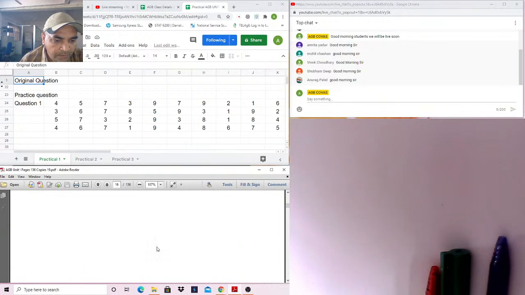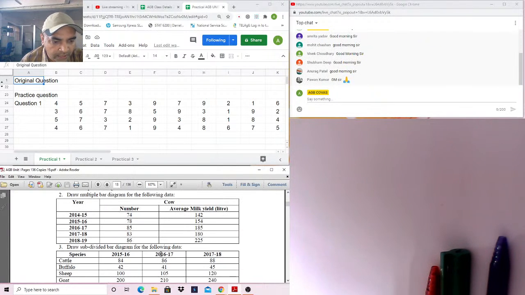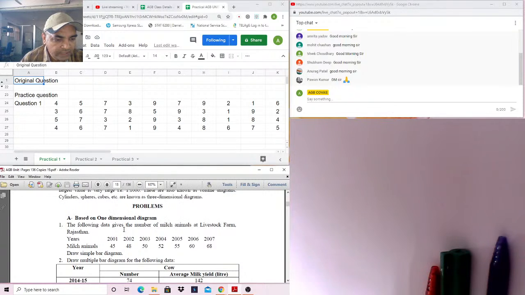So today we will be dealing with the rest of the questions of diagrammatic presentation of data. Yesterday we completed the first question, that is of simple bar diagram. I told you how to make it also.